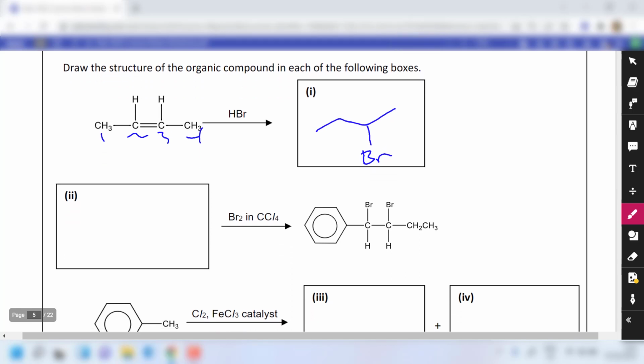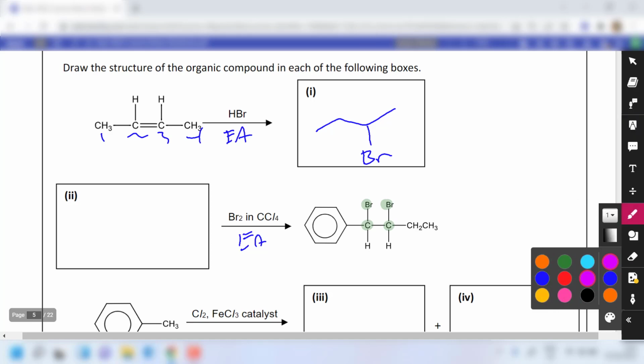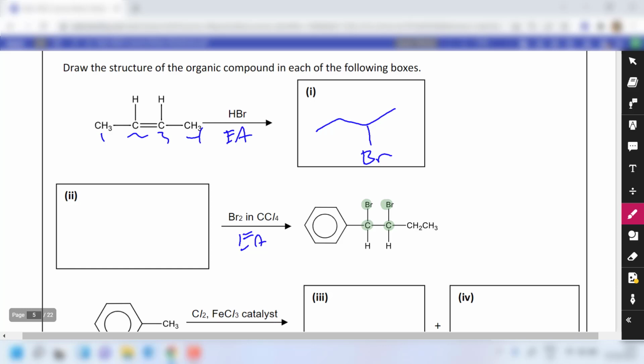Then bromine in CCl4. So this is also electrophilic addition. You notice that the 2 bromine atoms are added between these 2 carbons. So that means that originally the 2 carbons which I highlighted in green had the original double bond.